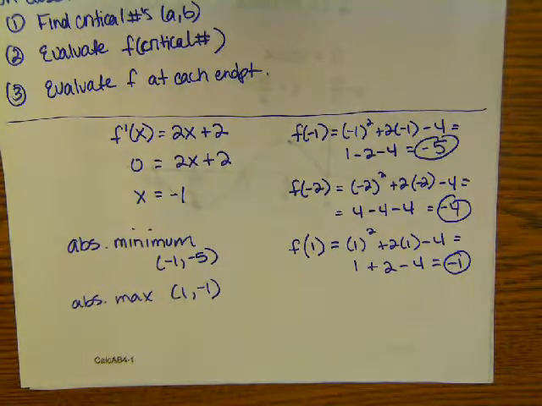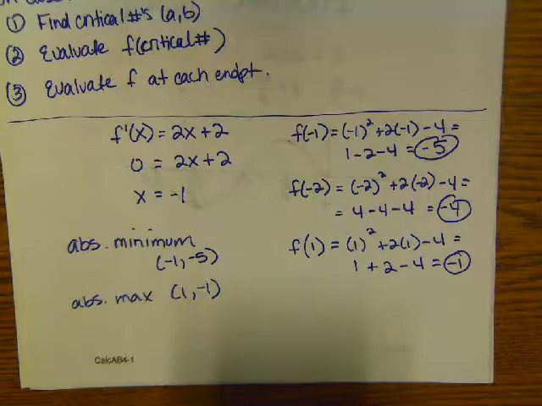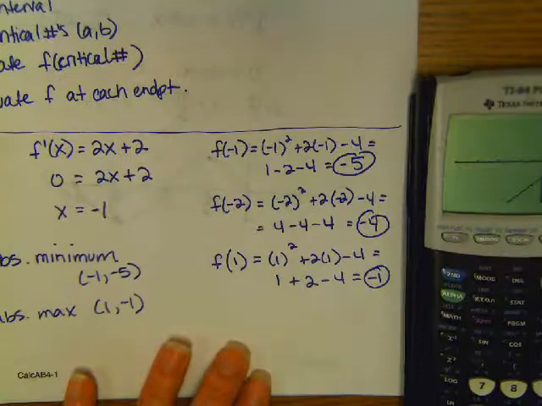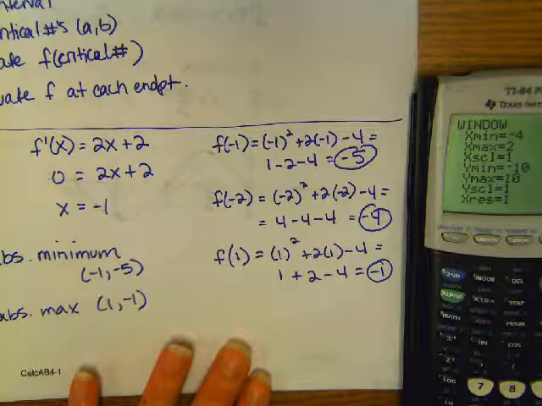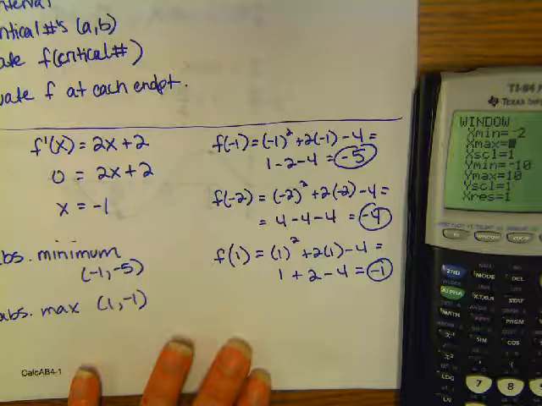Now, notice I didn't even get my graphing calculator out once. But if you were to check this on your graphing calculator, and let's take a look at x squared plus 2x minus 4, I hope you would see that that is true. Let's do the window. Let's make it negative 2 to 1, just so we can see it.